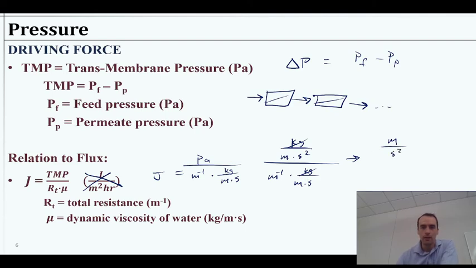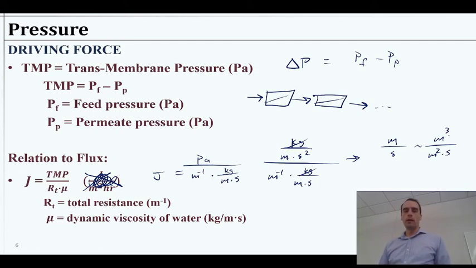This second will come on top, so we cancel that. And we're left with meters per second, if I've done that correctly, which is the same thing as cubic meters per square meter per second. So yeah, don't listen to these. That was just an example of what a flux unit is.